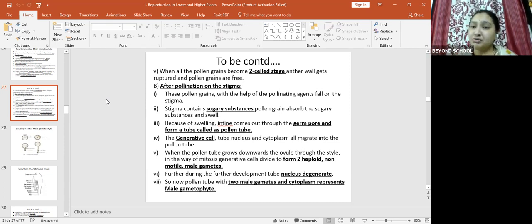And what is it going to do after absorbing that nourishment, that is sugary substances from stigma? They are going to swell. And after swelling, what is going to happen? The intine is going to push out, right? And once the intine is pushed out, definitely the exine is going to push out.